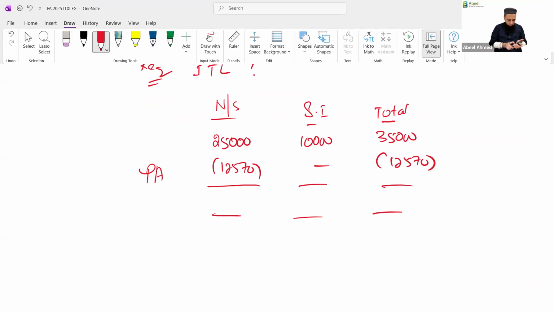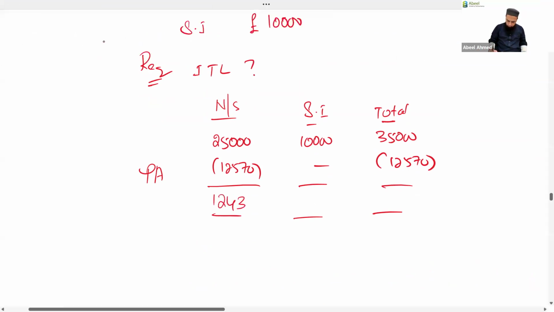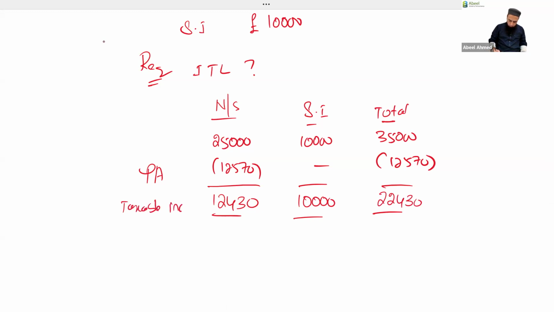25,000 minus 12,570. I'm getting 12,430. Total is 22,430. Taxable income.